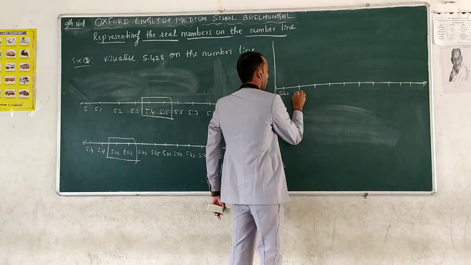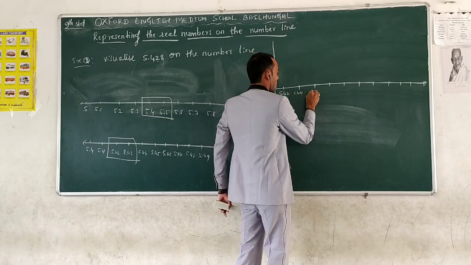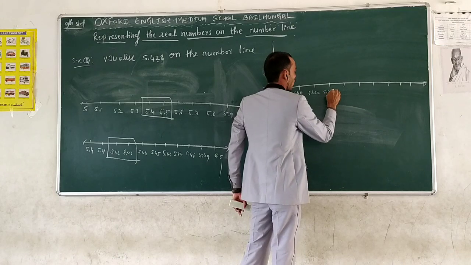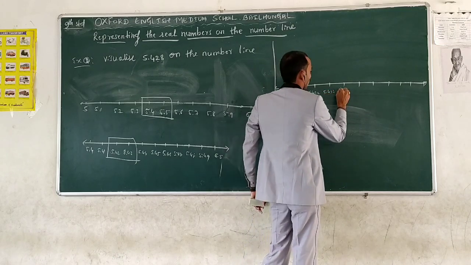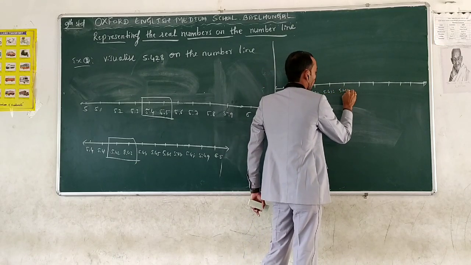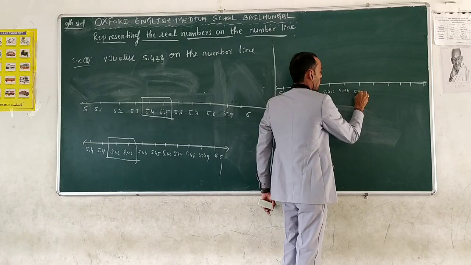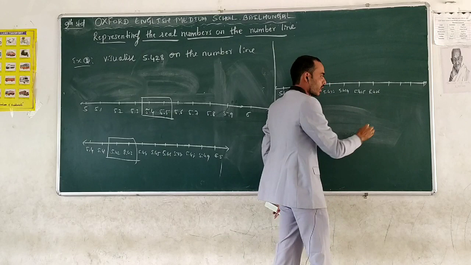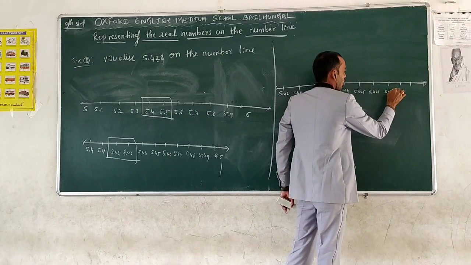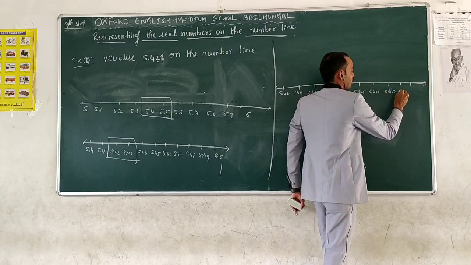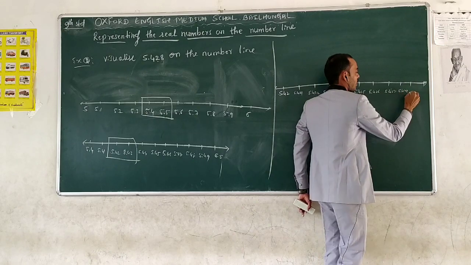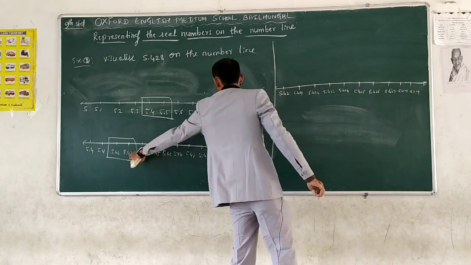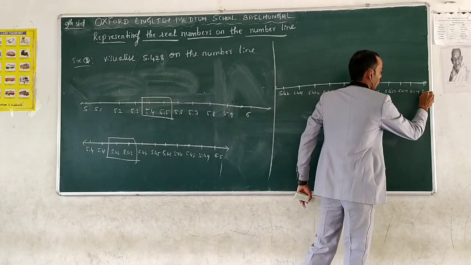Then 5.421, 5.422, 5.423, 5.424, 5.425, 5.426, 5.427, 5.428, 5.429 and the last number is 5.43.